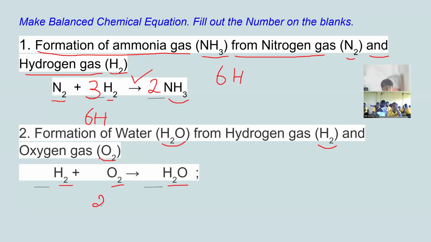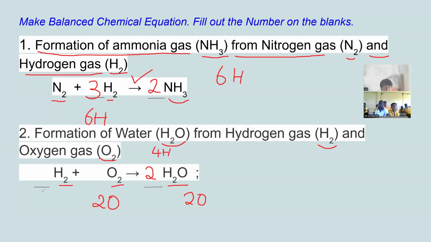We have 2 oxygen on the left, so we need 2 oxygen on the right. So we add 2 here. We need 2 oxygen. But notice how this also changes the number of H. We have 4H instead of 2, since 2 times 2 equals 4.